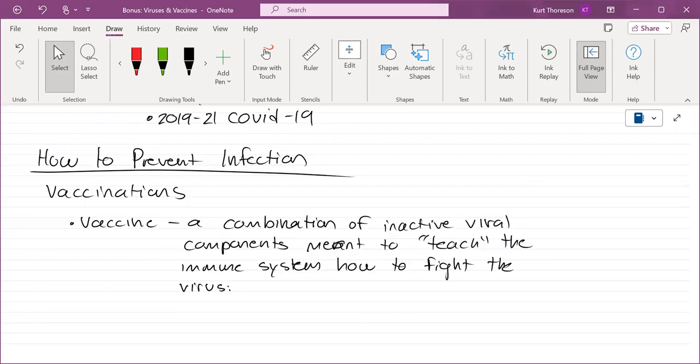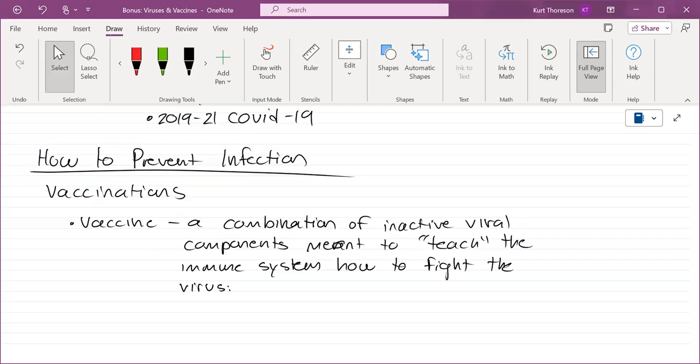Her immune system is going to go, what's this? I've never seen this before. I don't know how to fight it. You do not have antibodies for things that you have never been exposed to. I don't have antibodies for HIV because I've never been exposed to it. That's how they test to see if you have the virus, if you have the antibodies for it. So if you get infected with HPV and you've never gotten vaccinated, your immune system doesn't know what to do. And so the virus can infect you, get into your DNA, and stay with you.